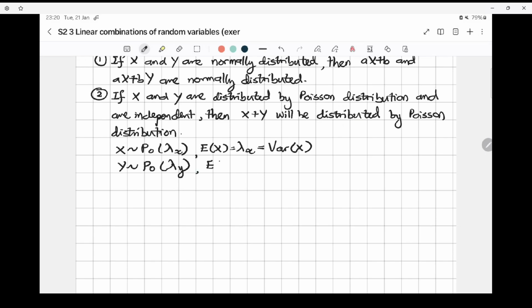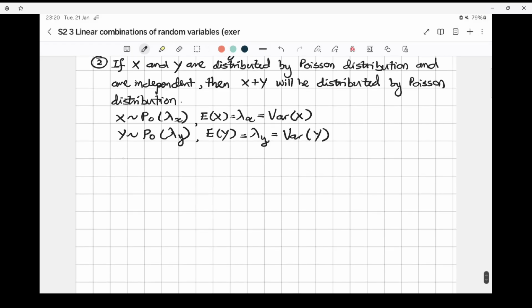So E[Y] will be equal to lambda y, which will also be equal to the variance of Y. So the only way for you to combine these two independent Poisson distributed X and Y together is by X plus Y. So this will be lambda x plus lambda y.